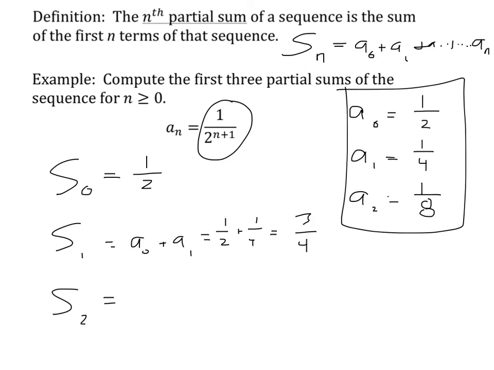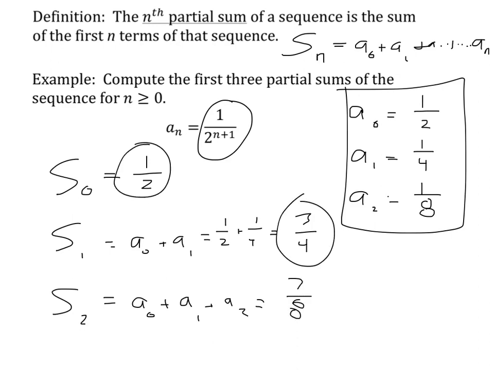S sub 2 will be the sum of the terms up to n equals 2. Means it'll be a0 plus a1 plus a2, and that for me is going to be 7/8. These are the first three partial sums of the sequence.